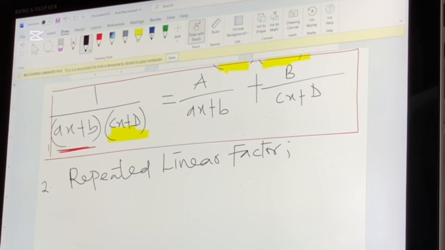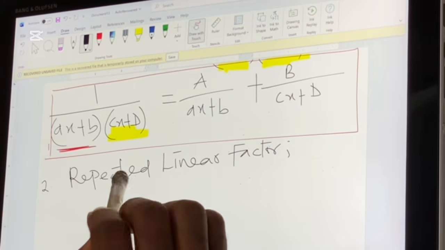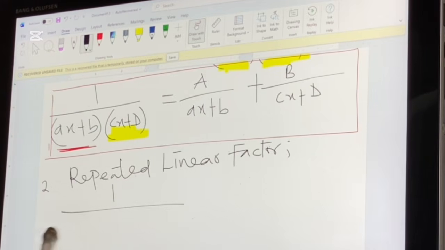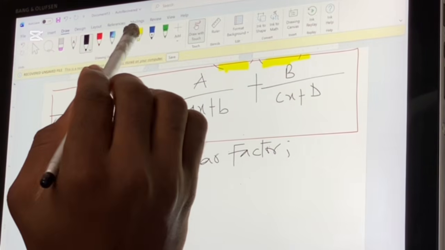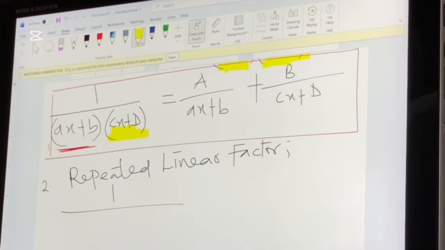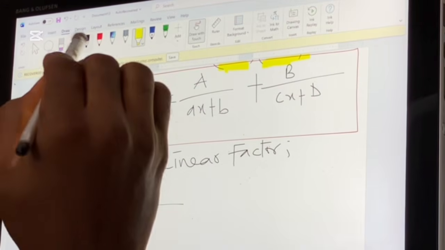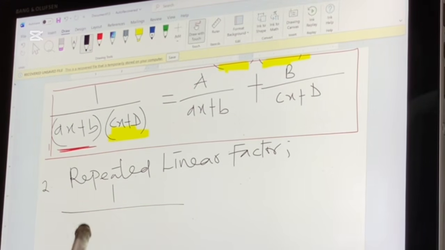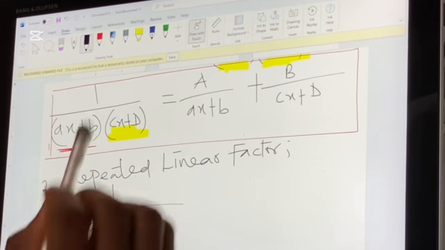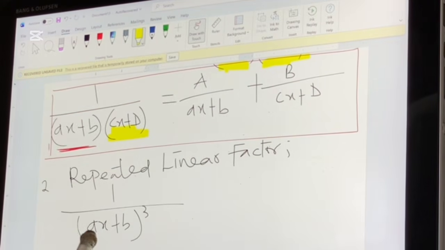If I have something like this, 1 over, this one here can stand as anything. Please take note. We are going to solve the question here to understand properly, okay? So if I have 1 over as plus b raised to the power of 3, it means that this particular linear expression is repeated 3 times.